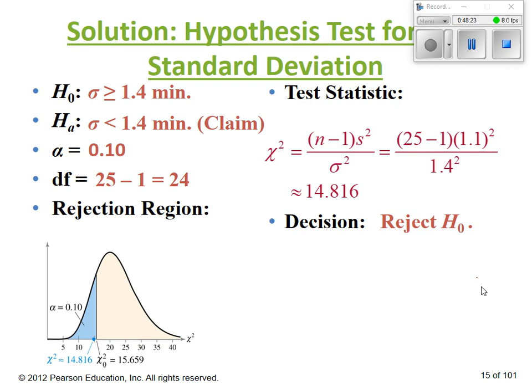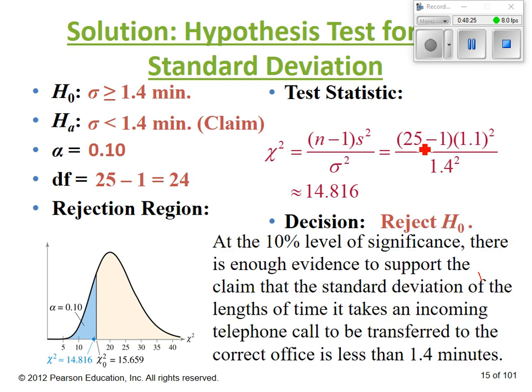Reject the null, is that what we said? And 10% level of significance. There's enough evidence to support the claim that the standard deviation of lengths of time it takes an incoming telephone call to be transferred to the correct office is less than 1.4 minutes.